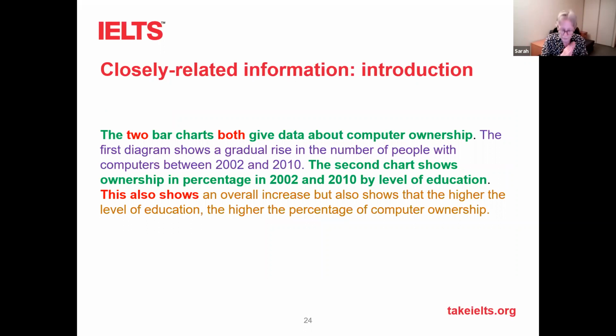Okay, so again, what does the red show in this case? What are the words and phrases in red? Yes, the correlation, the connection, absolutely. Okay, very good. And what about the information in green?